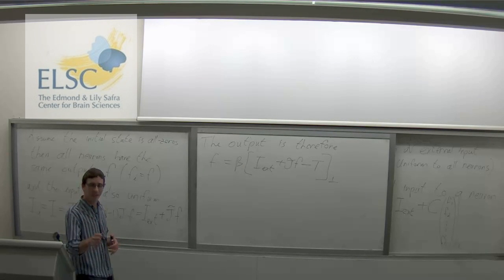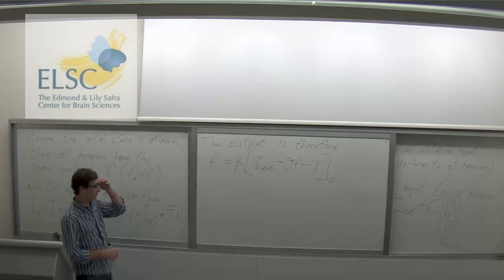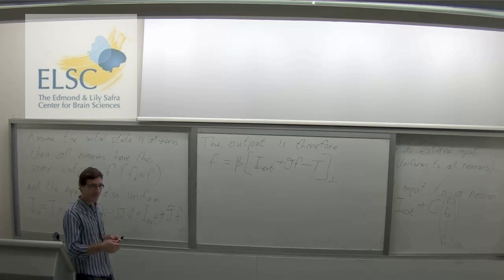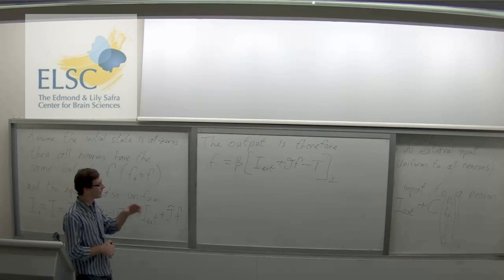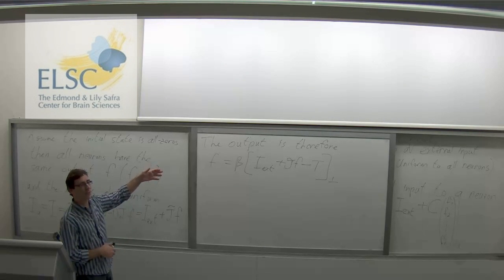So now that I think of it, it's indeed independent of the initial state. I correct myself. It's independent of the initial state. It's something that has to do only with the connections, some properties of the matrix, which I'm not going to discuss now. But there are steady states. In the example you solved, it was all zeros or ones. Here, we'll see that there can be another steady state.